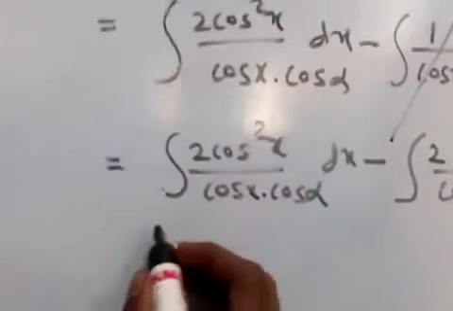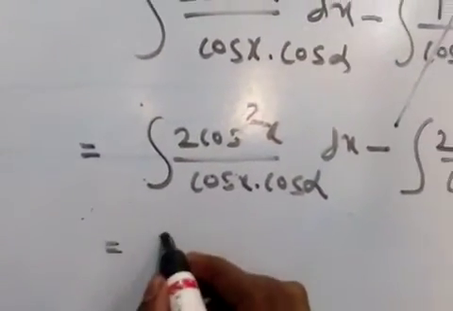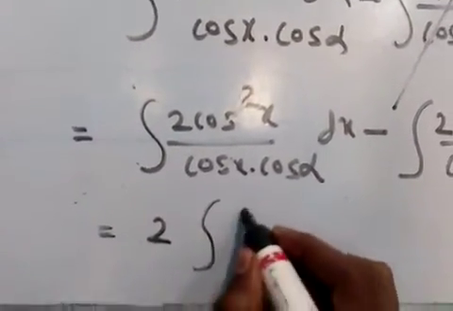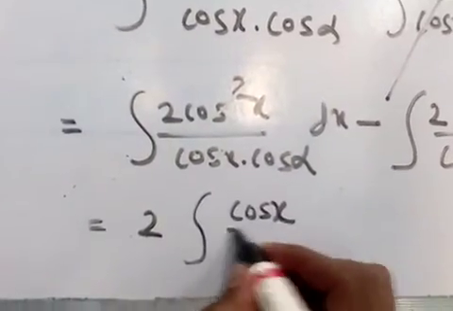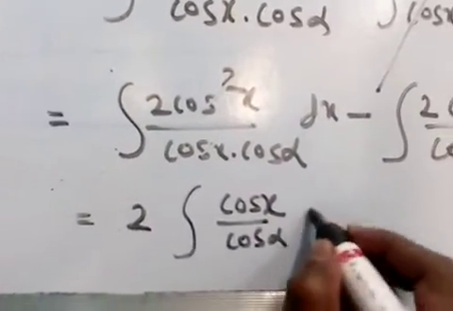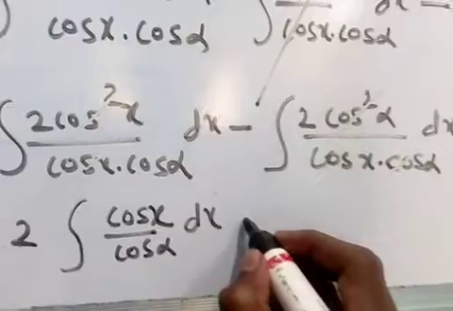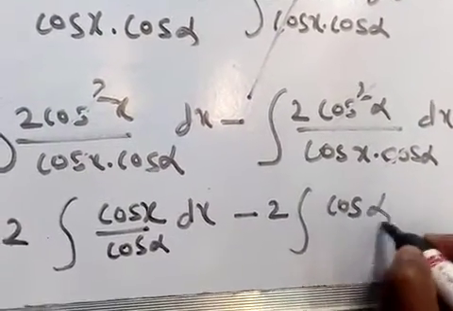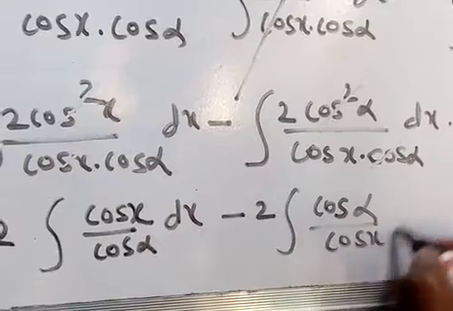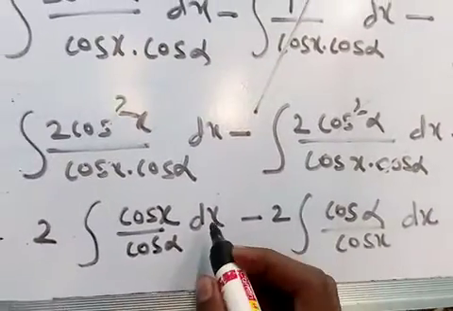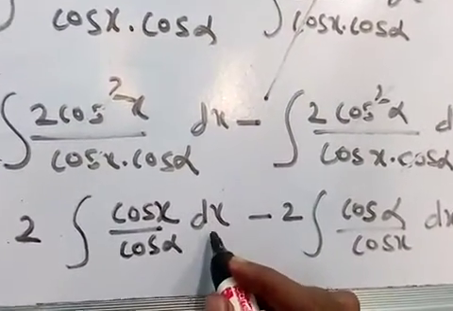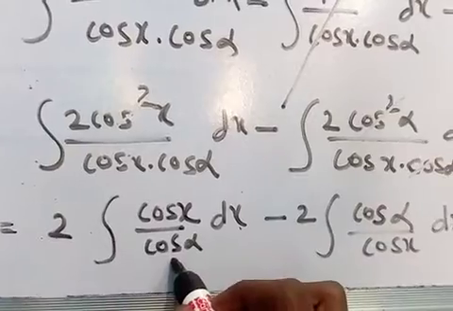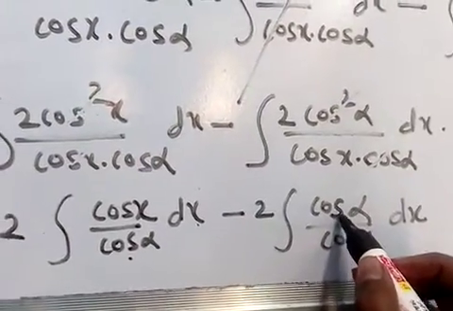So the remaining terms will be 2 into the integration of cos x upon cos alpha dx minus 2 into the integration of cos alpha upon cos x dx. As this is integration with respect to dx, this term is constant and also this term is constant.